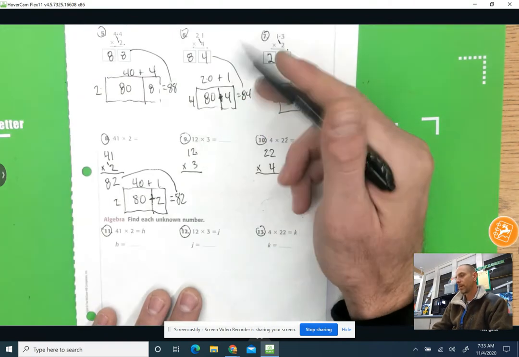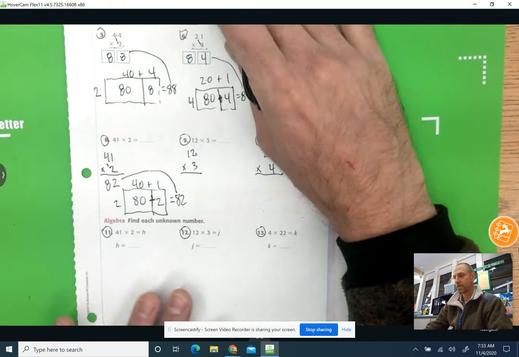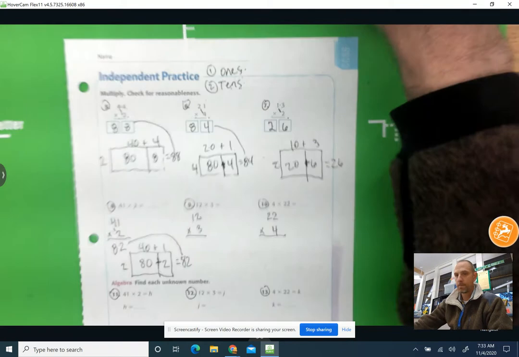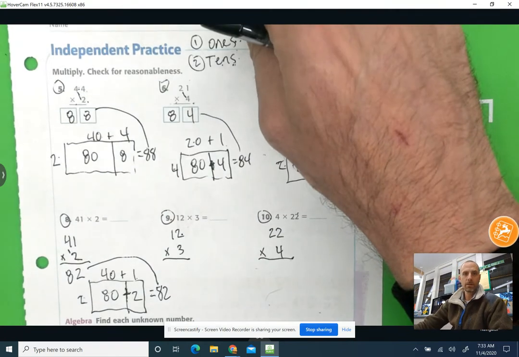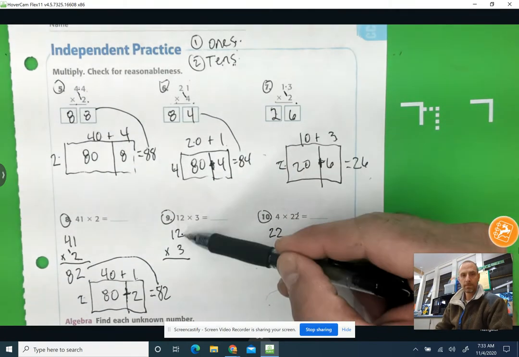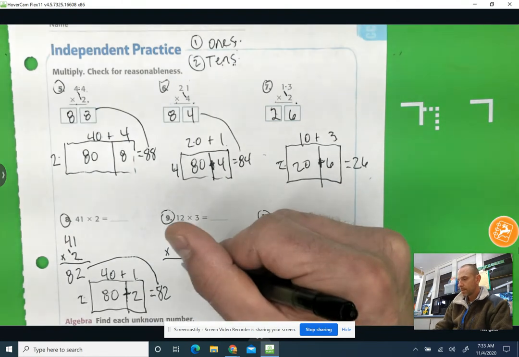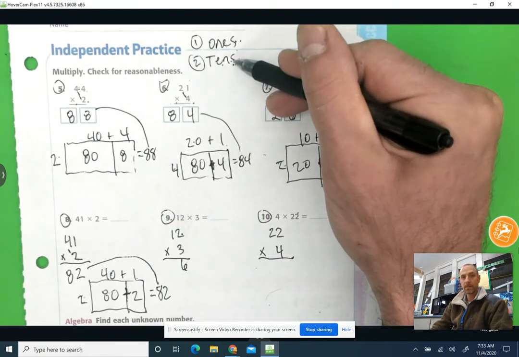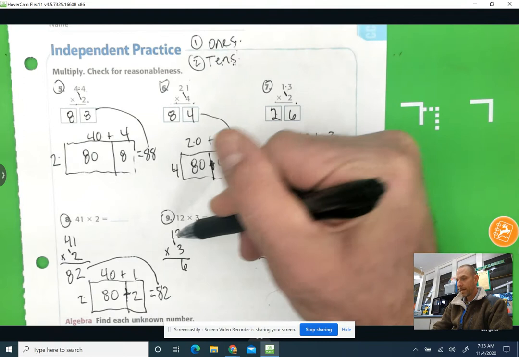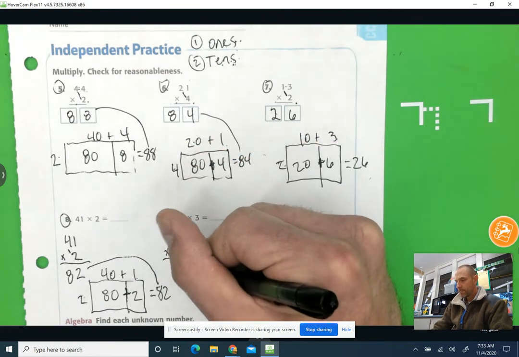Okay. 12 times 3. Multiply the ones place first. 2 times 3, 6. Multiply the tens place. Multiply diagonally. 1 times 3 is 3.